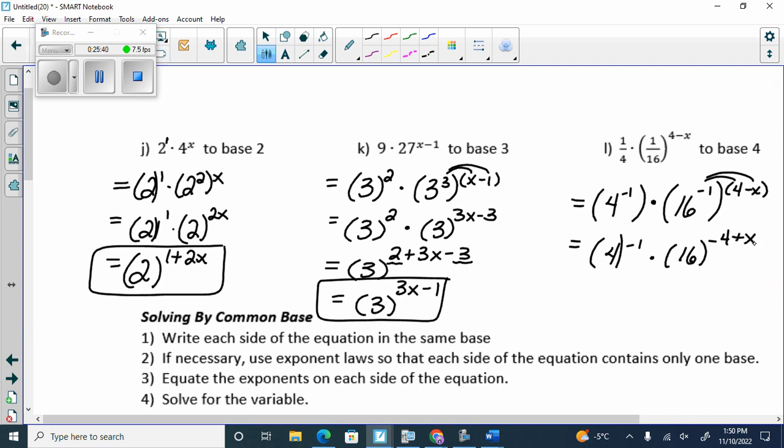And then I change 16 as 4 to the what? 16 is 4 to the 2.